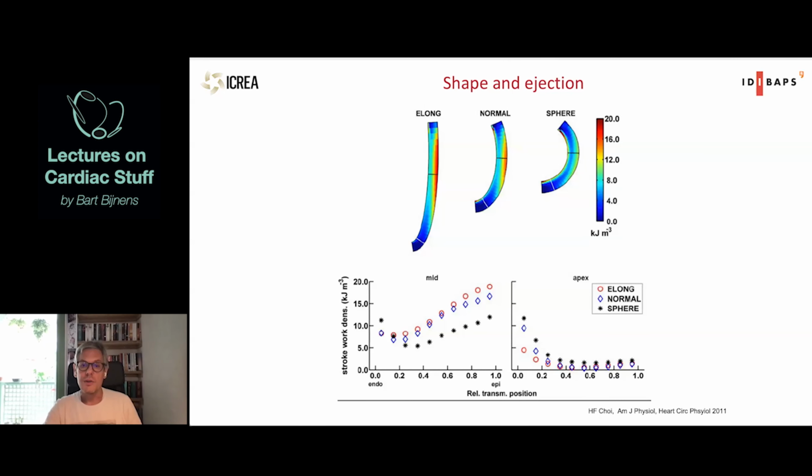Now, this is for the overall heart, and especially for the mid and basal part, which is the predominant part. In the apex, it could be that the apex is actually a little bit more efficient when it's more spherical, because a very pointed apex is a little bit less efficient.